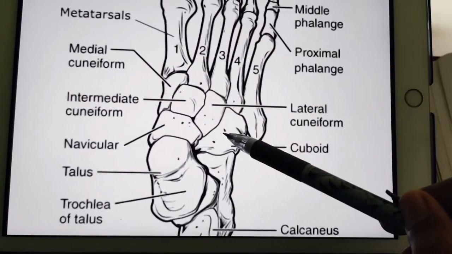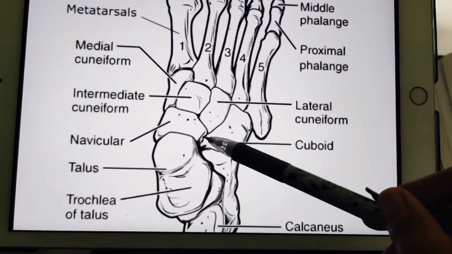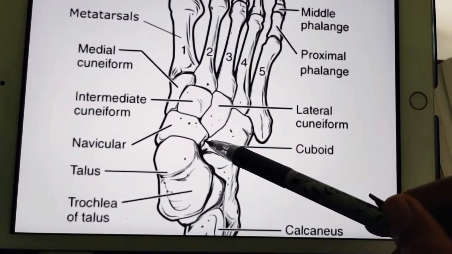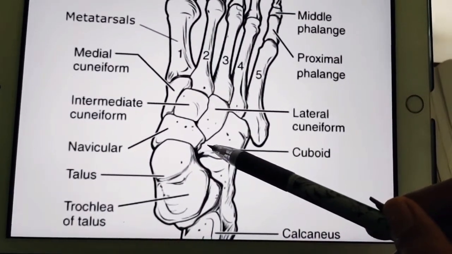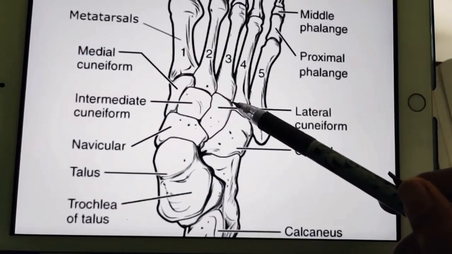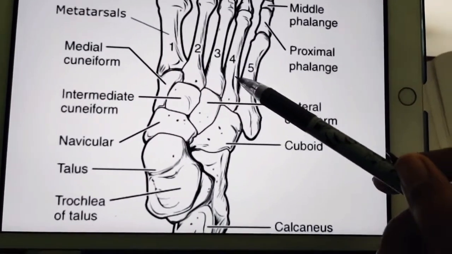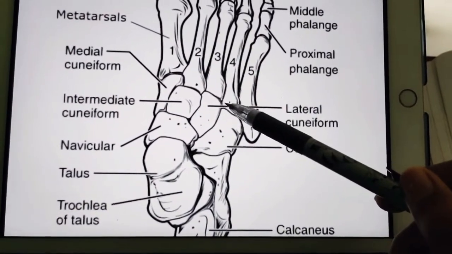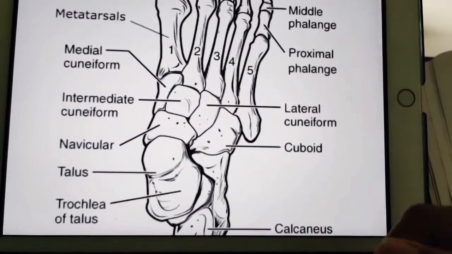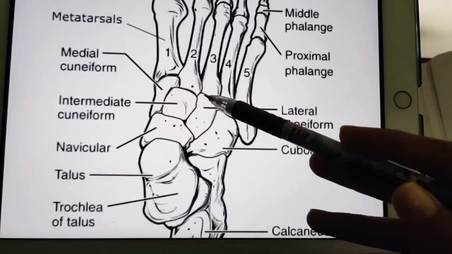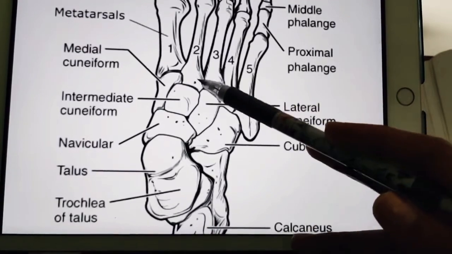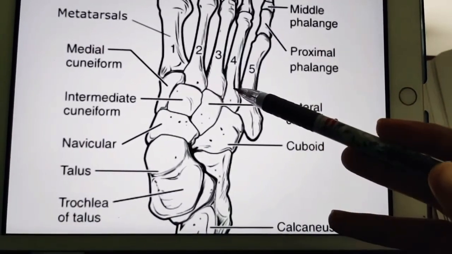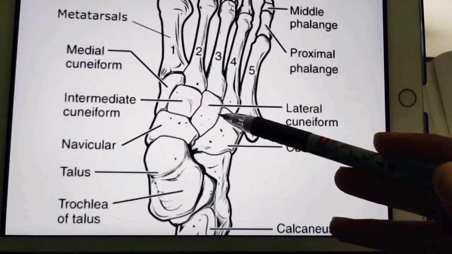At the anterior inferior angle a small facet may be present for the fourth metatarsal. So the lateral cuneiform has facets for the second metatarsal, third metatarsal, and also the fourth metatarsal bone.